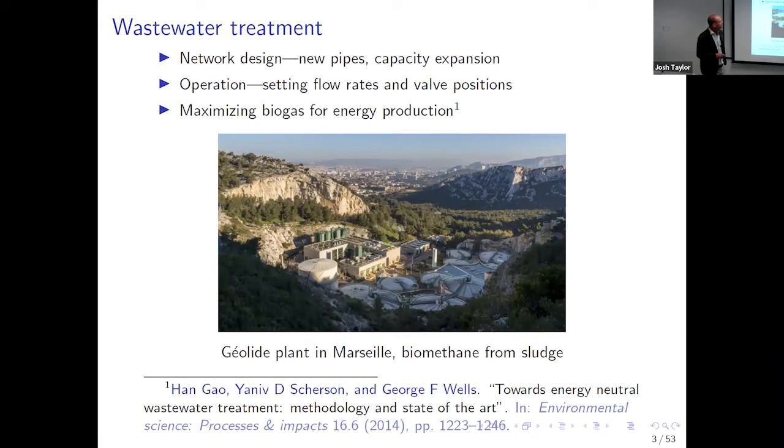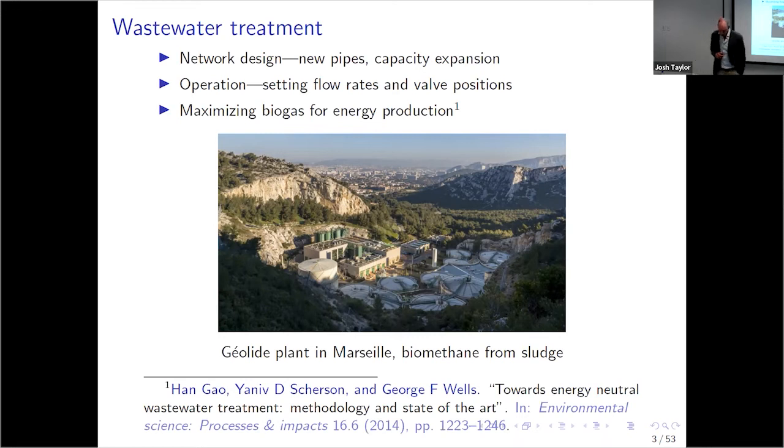In this case, the motivating application is wastewater treatment. For example, you might want to decide where to build new pipes. You might want to decide certain flow rates of pumps or valve positions. And there are some real system level objectives, maximizing energy capture from biogas.